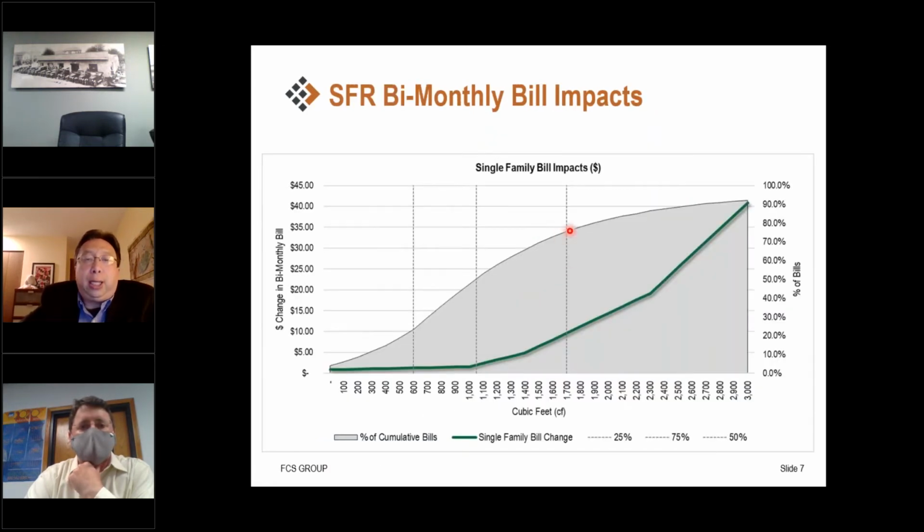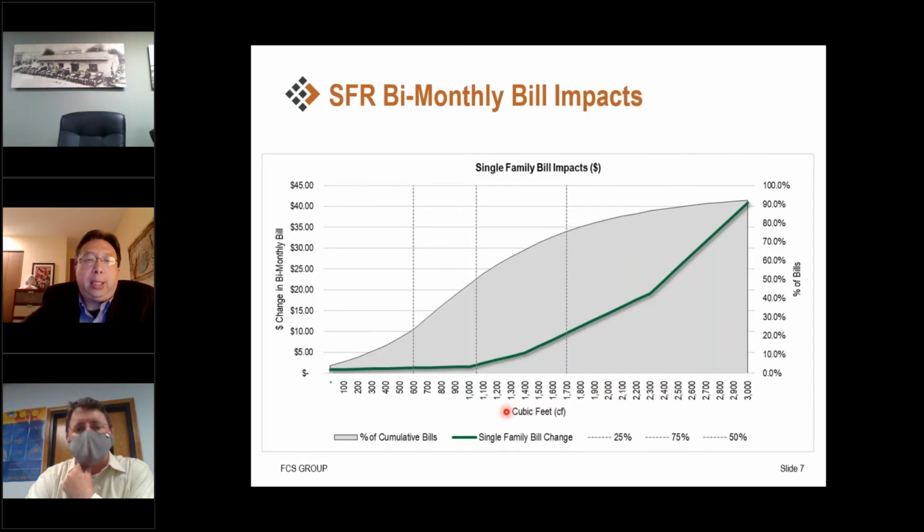This is a slide showing what the impact is for only the water utility to your single-family residential customers. And what we see here is a graph that shows a couple of things. Number one is the shaded area shows the cumulative percentage of the number of bills as consumption increases.